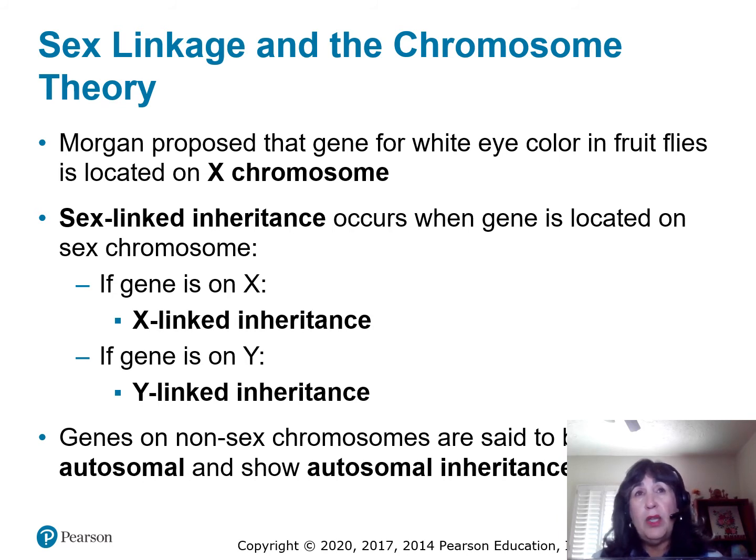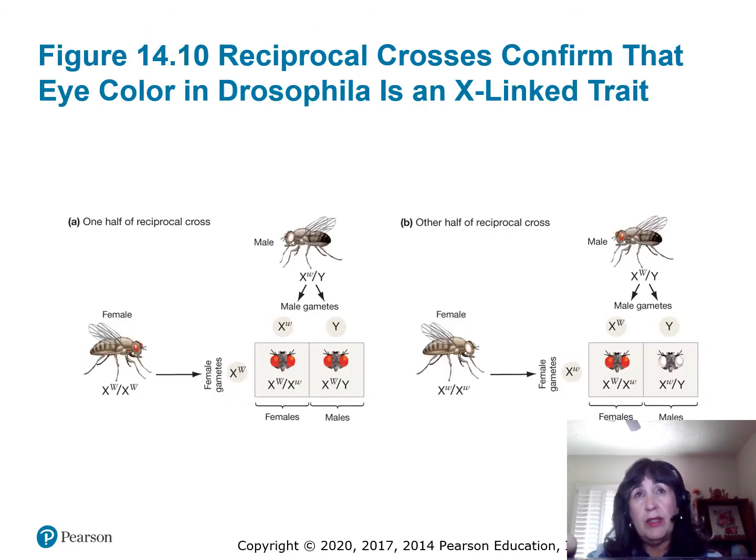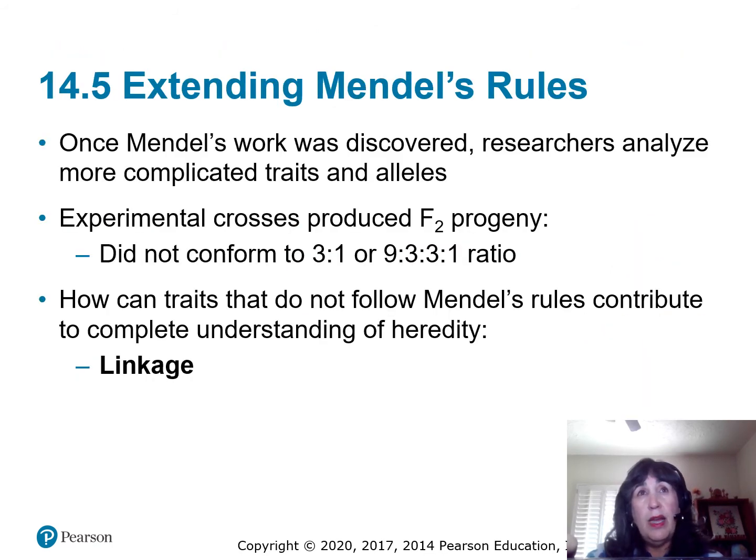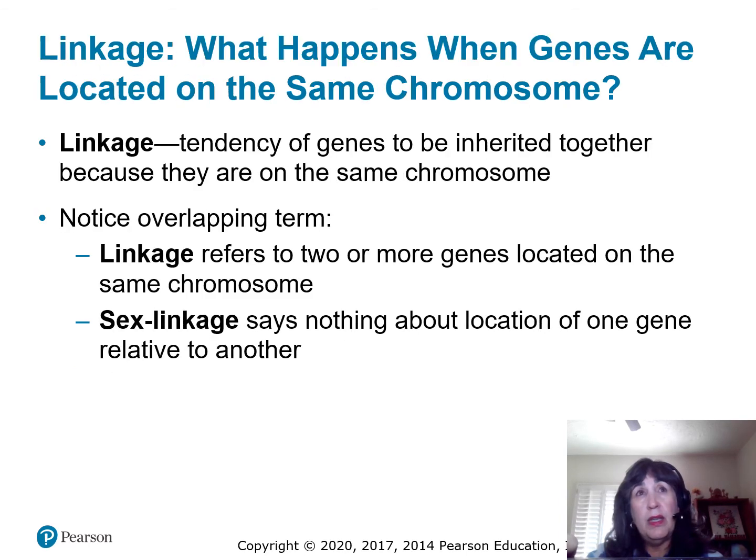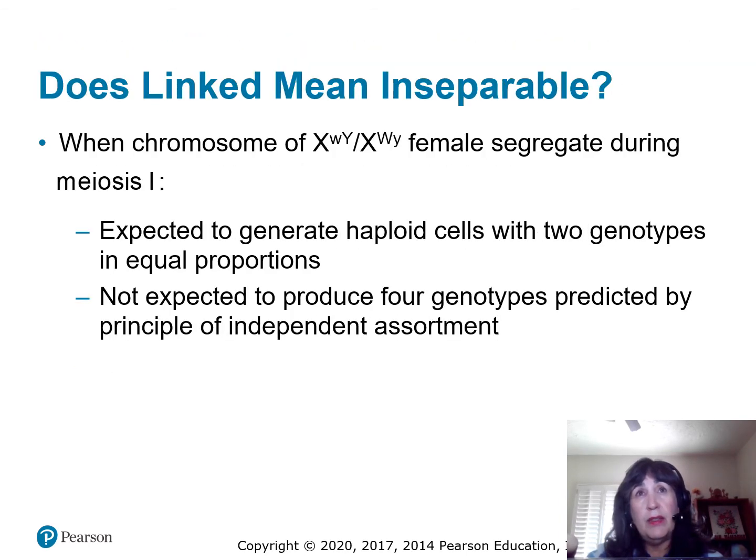So what I'd like to talk about is inheritance, but I would like to focus more on non-sex chromosomes than sex. I think it is important to know that some are sex-linked, but it's also important to know about those that are not sex-linked. In other words, autosomal inheritance. Okay, so I'm going to skip this, and I'm going to skip this, and I'll skip this.